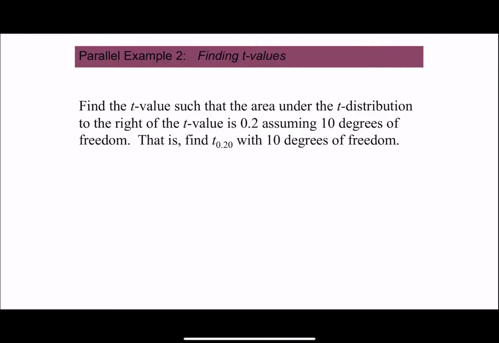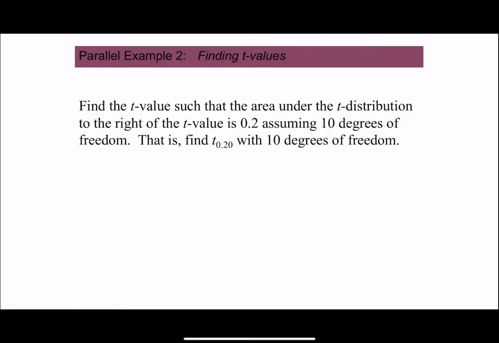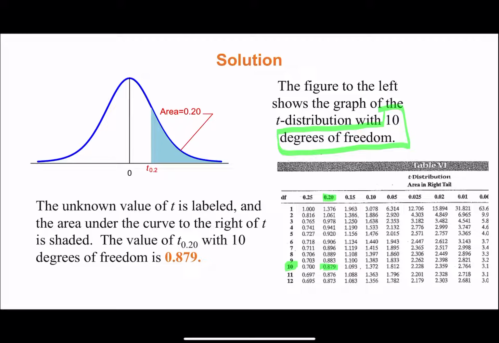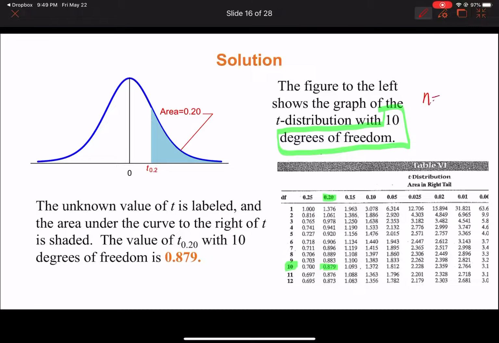So our degrees of freedom is 10, and we need 0.879. If I told you that our n would equal 11, when we're looking for our t value, we do n minus 1 degrees of freedom.